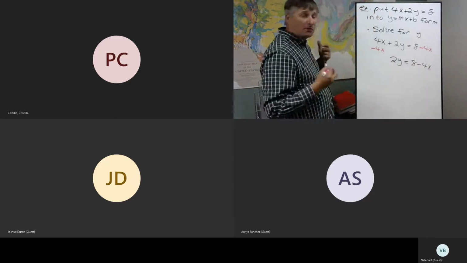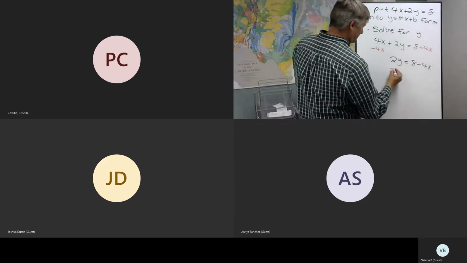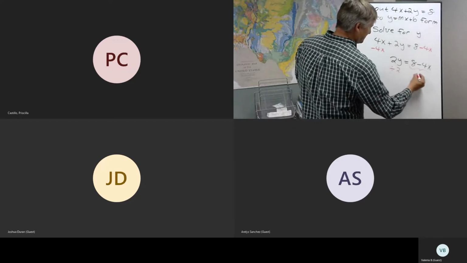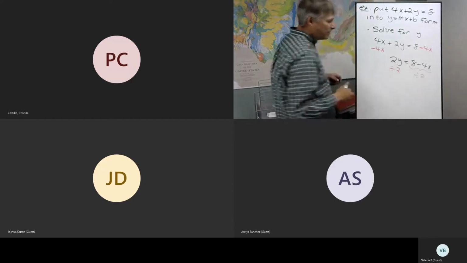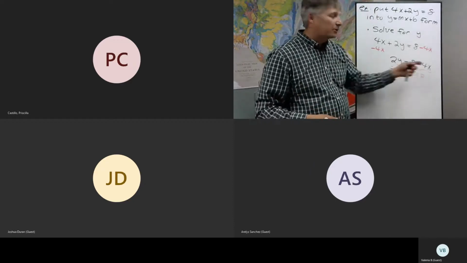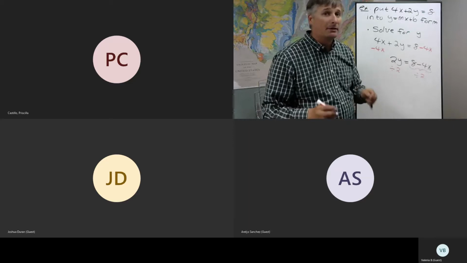Now I'm going to divide both sides by 2. We're dividing these sides. So another way of saying I divide this side by 2, I'm going to divide every term on that side by 2.